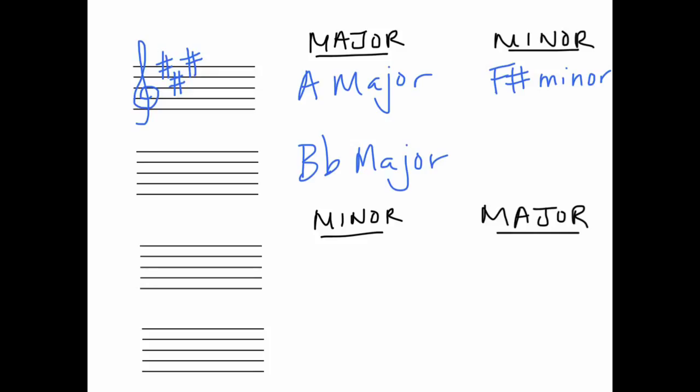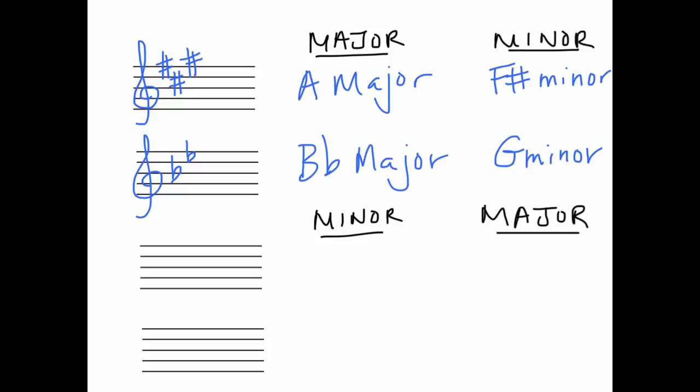Now B flat major has 2 flats, B flat and E flat. And we'll go back 2 notes from B flat, and that would be A and then G. And G doesn't have to be flat because it's natural in B flat major. So the relative minor of B flat major is G minor.